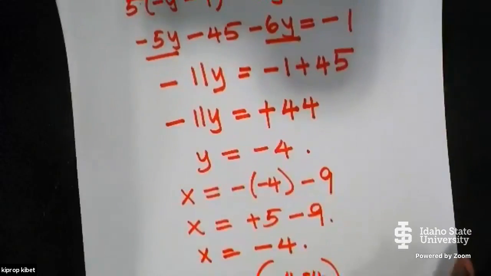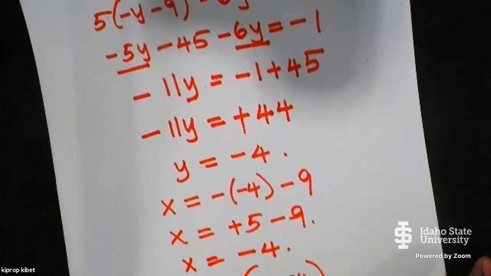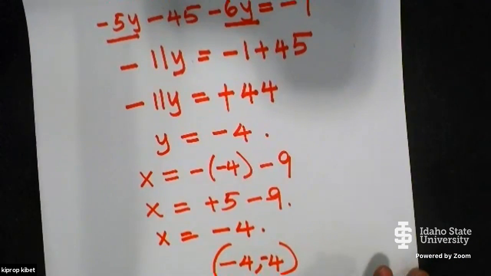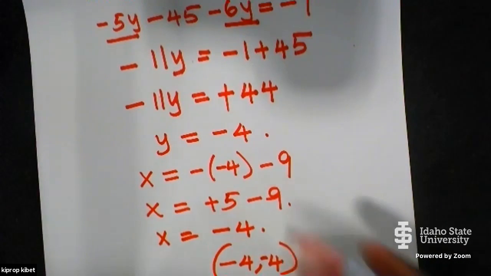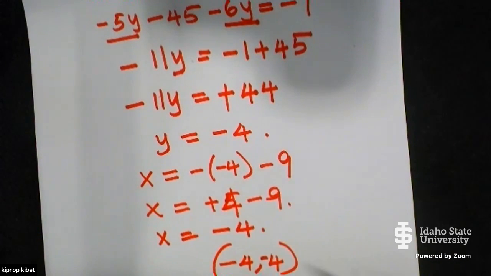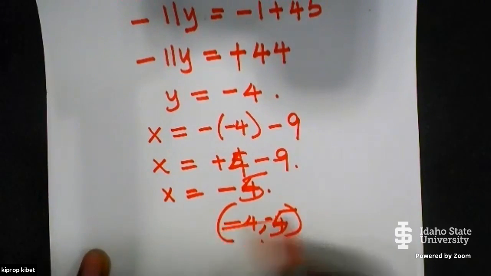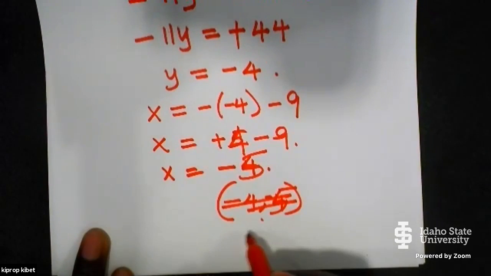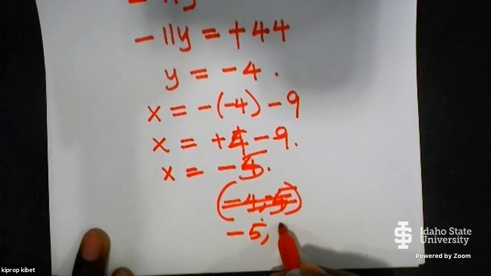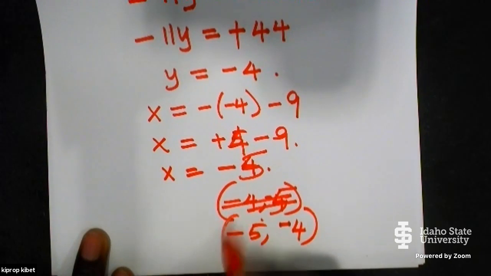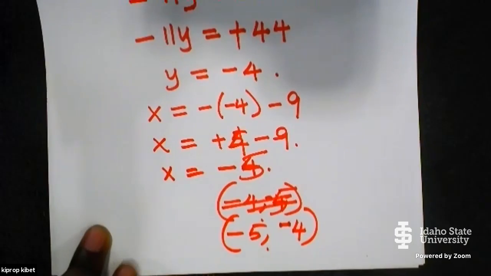Yeah, it should be a positive 4 instead of a positive 5. Okay, 4 there. So this is 5, right? No, sorry. So this will be minus 5 and minus 4.